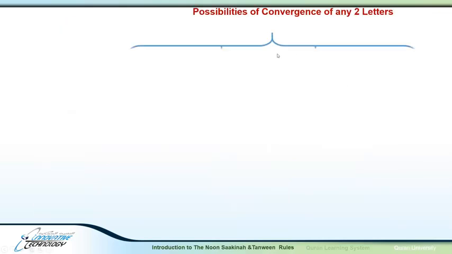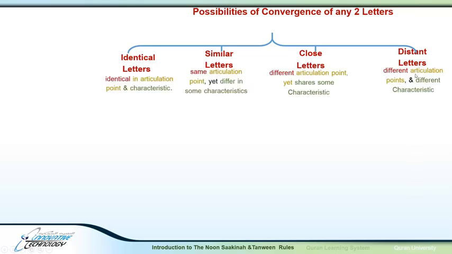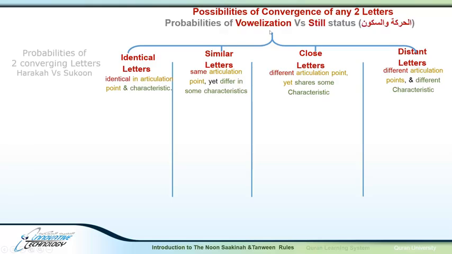Let's revise what we learned in the previous lesson, where we mentioned that we have four possibilities for the convergence of any two letters, which can be either identical, similar, close, or distant letters. And we defined each one of those and the difference between them. Then we talked about the probabilities of vowelization versus still status of those two letters.